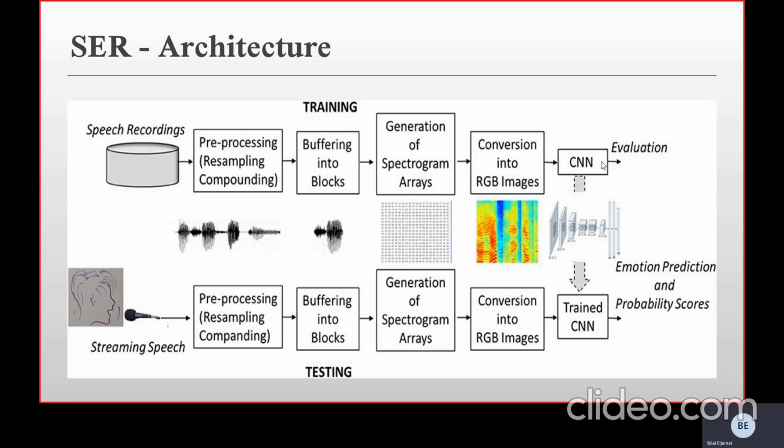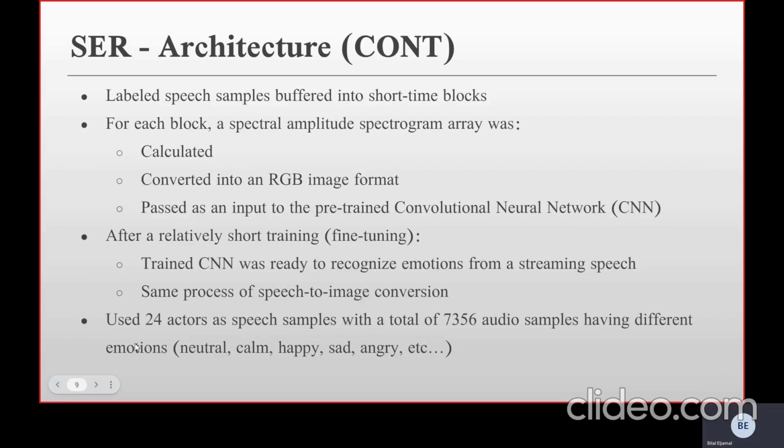Then, after a relatively short training known as fine tuning, the trained CNN was ready to recognize the emotions from the streaming speech. This process is very similar to speech to image conversion. So here in our project, we've used 24 actors as speech samples with a total of 7,356 audio samples having different emotions.